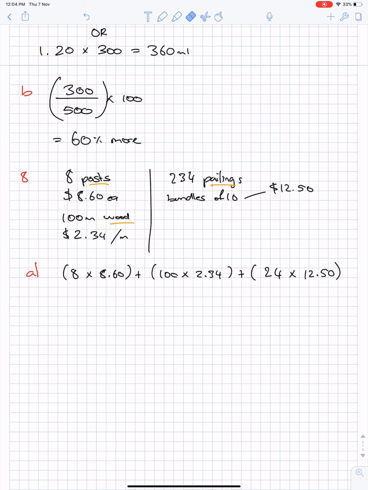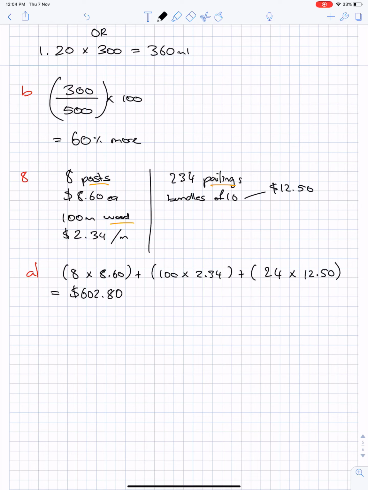So just enter it into a calculator, and don't forget the brackets. 8 times 860 plus 100 times 2.34 plus 24 times 1250, and equals 602.80 cents.